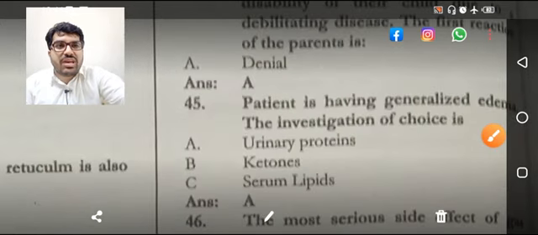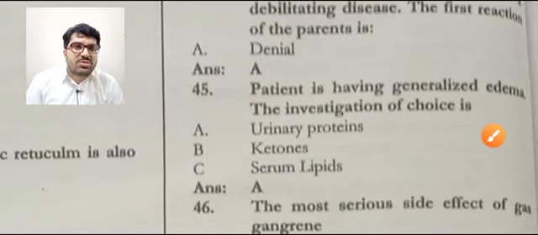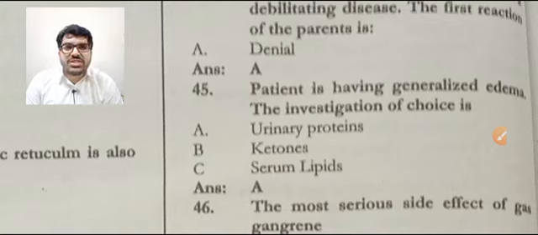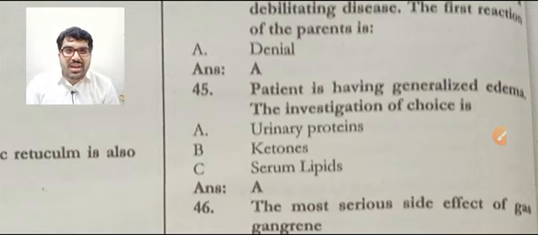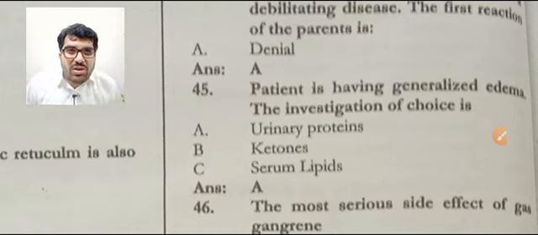Coming next, patient is having generalized edema. The investigation of choice is serum albumin. Now, if a person is having generalized edema along with periorbital edema, the problem is low albumin. Now, a patient is having edema only in the lower limbs.